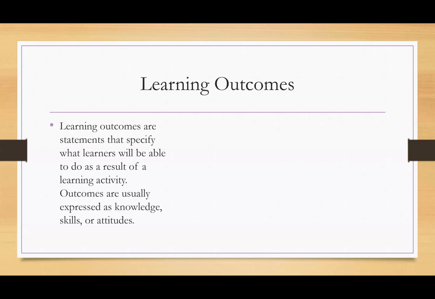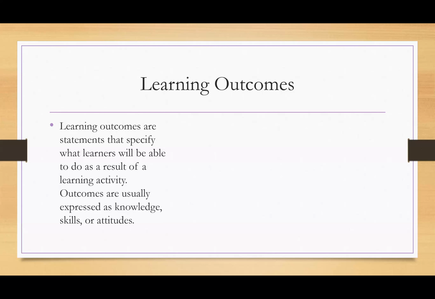Robert Mager also defined learning outcomes as statements that specify the desired performance or behavior that learners should exhibit at the end of the learning experience. They consist of 3 components: the behavior or performance, the conditions under which it should be demonstrated, and the criteria for acceptable performance.